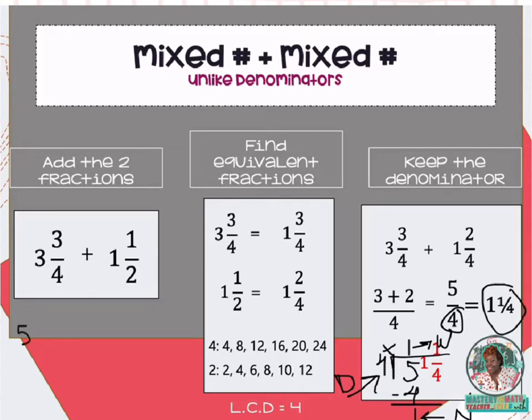I want to show you another way that you could solve this. You can see that 5/4 is the same thing as 1/4 added 5 times. So I'm going to write it 5 times. Hopefully, I'm not writing it too big and I have space.